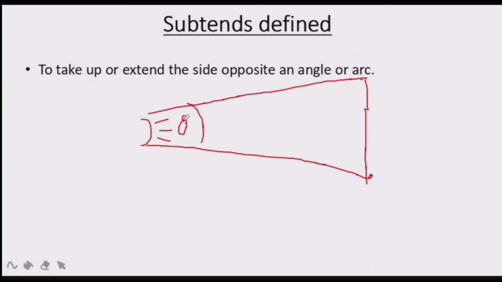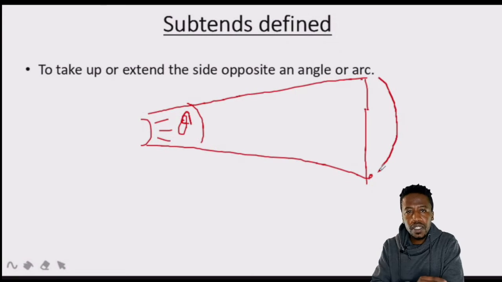So we would say this angle subtends this wall, but in the case of Euclidean geometry, it would mean this angle is subtended by a chord, or in some cases by an arc.